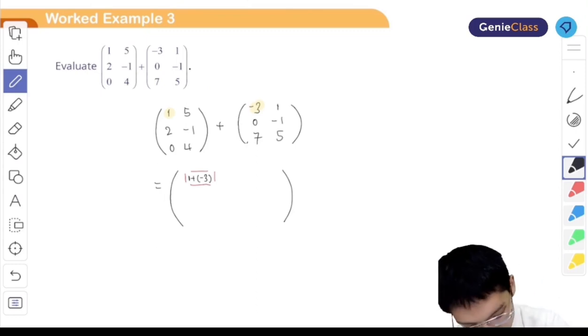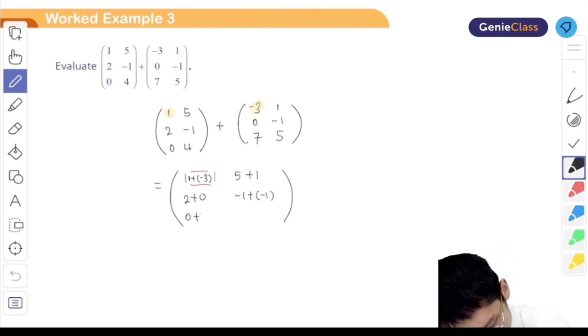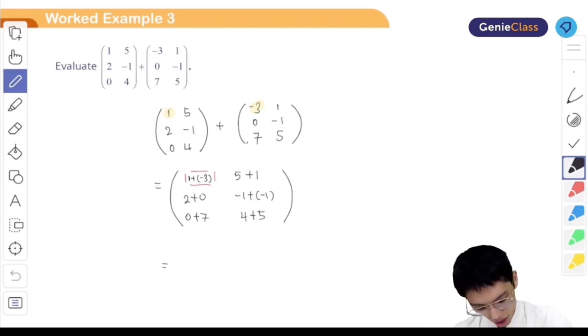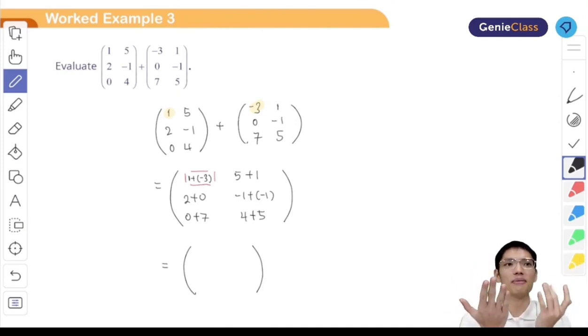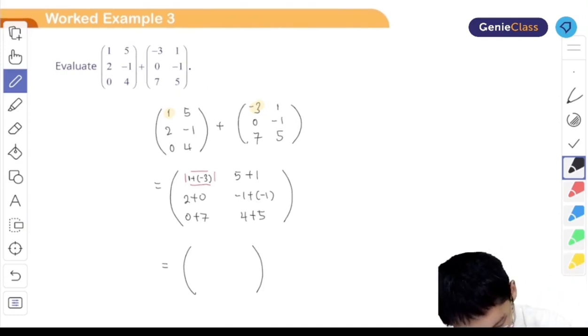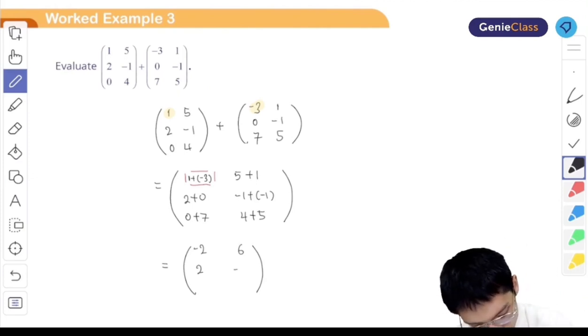In this case, 5 plus 1, 2 plus 0, minus 1 plus minus 1, 0 plus 7, and 4 plus 5. Just do the operations according to their positions. So it's going to be -2, 6, 2, -2, 7, and 9.